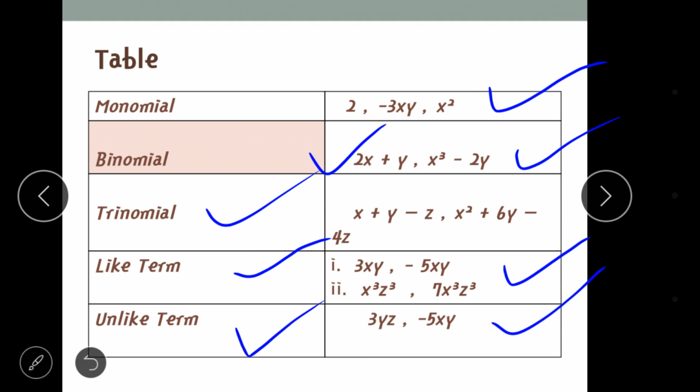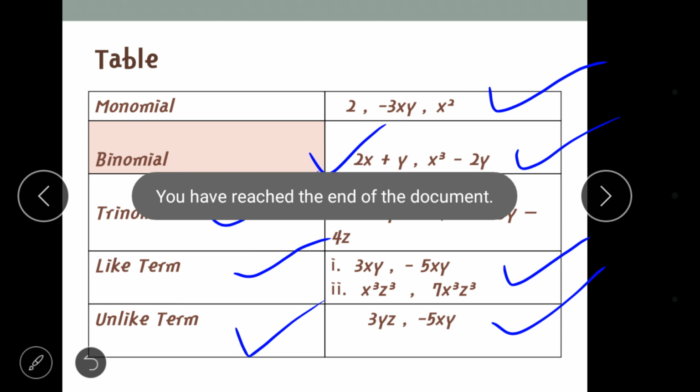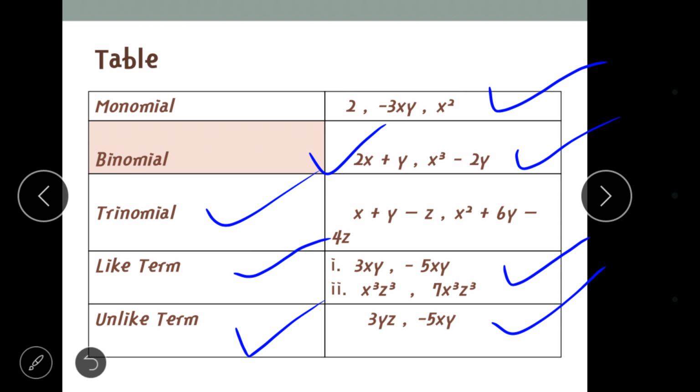Unlike terms have different variables, different exponents, or same variables but corresponding exponents different. These are the examples of unlike terms. Lecture is completed.